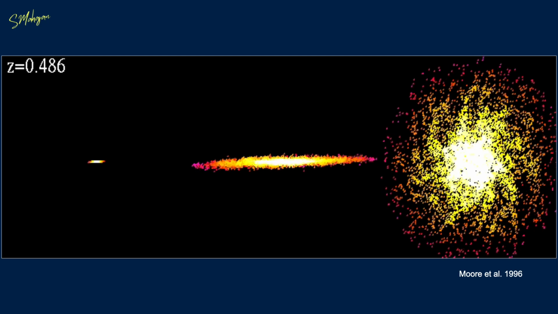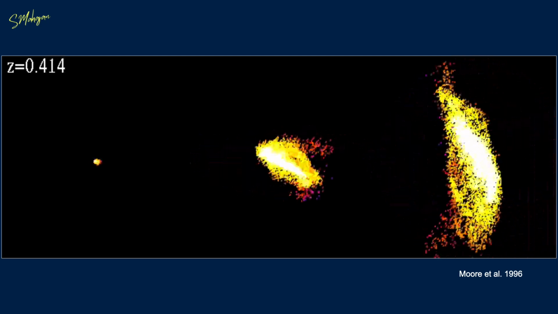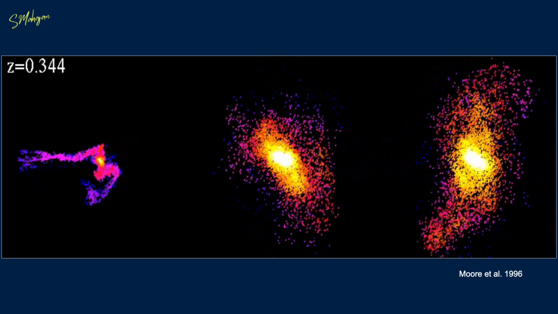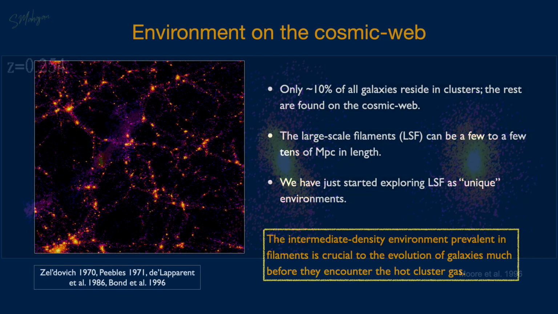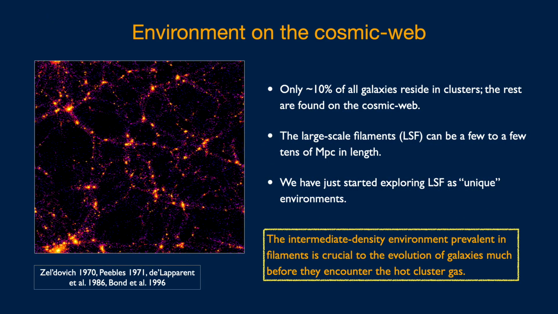Most of the mechanisms that we have discussed persist in high-density environments such as galaxy clusters. The medium-density environments prevalent on large-scale filaments and outskirts of large clusters are very special, and we will discuss them in greater detail in an upcoming video.